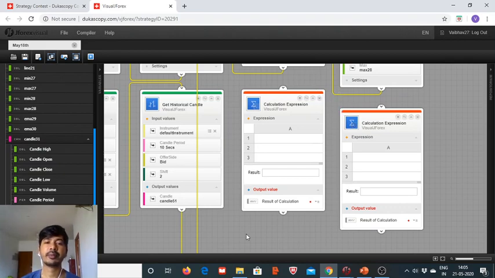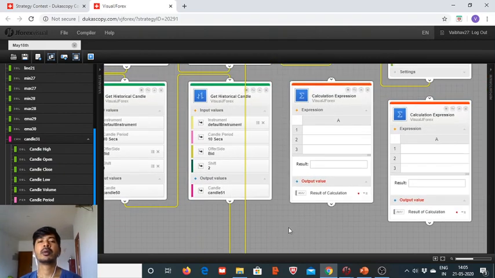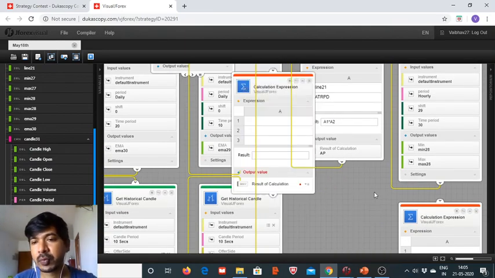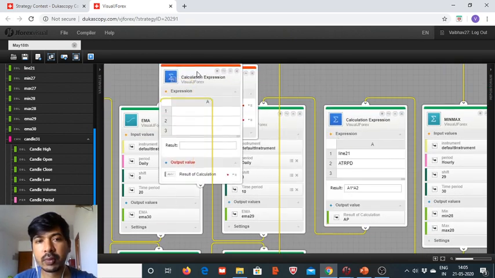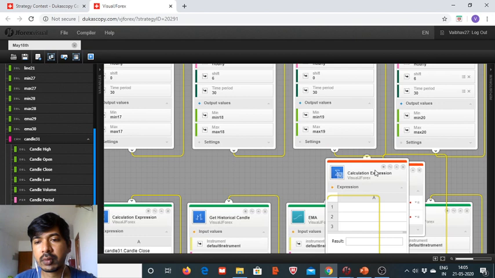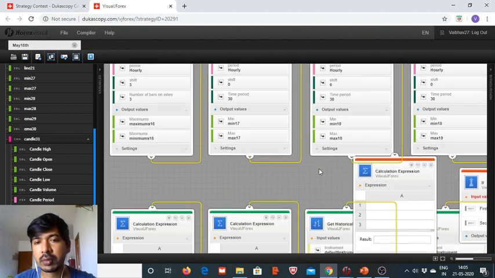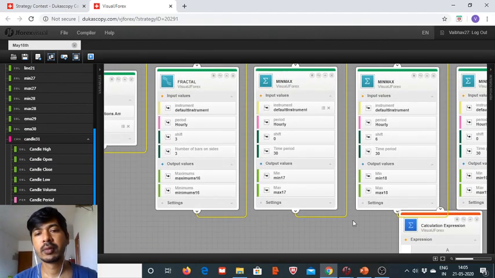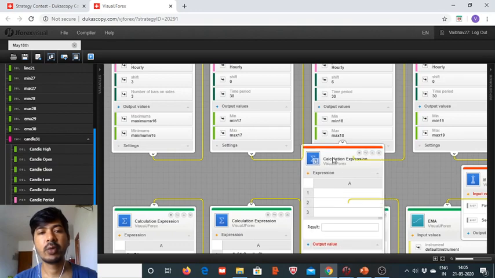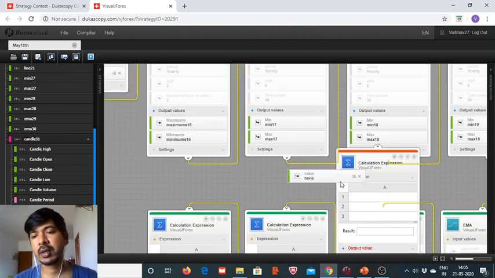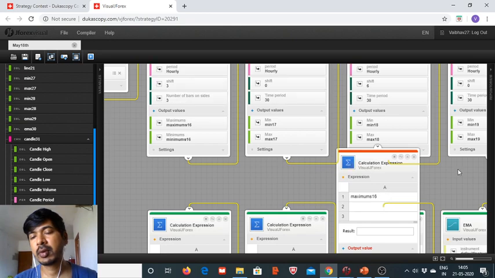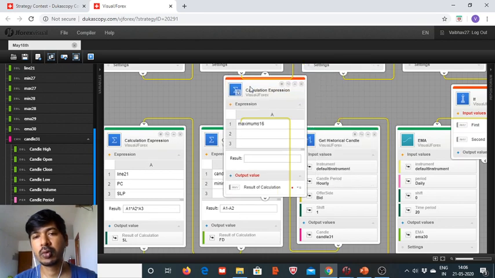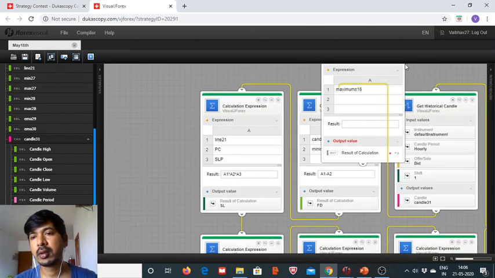So here we need to look at the maximum value, that is maximum 16, and then we need to deduct the last hour's candle close, that is candle 31's closing level.